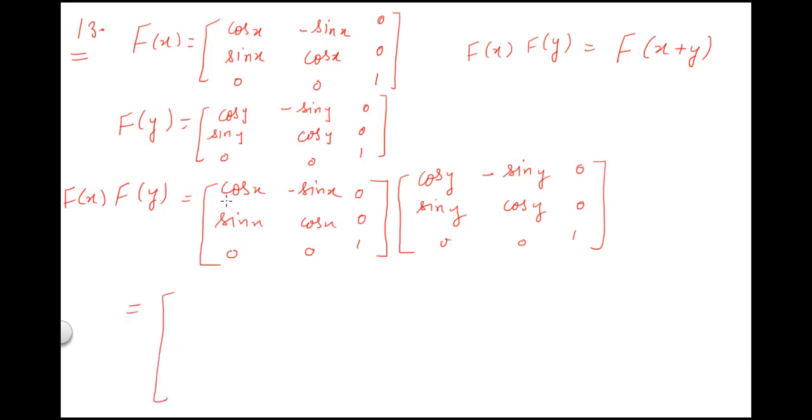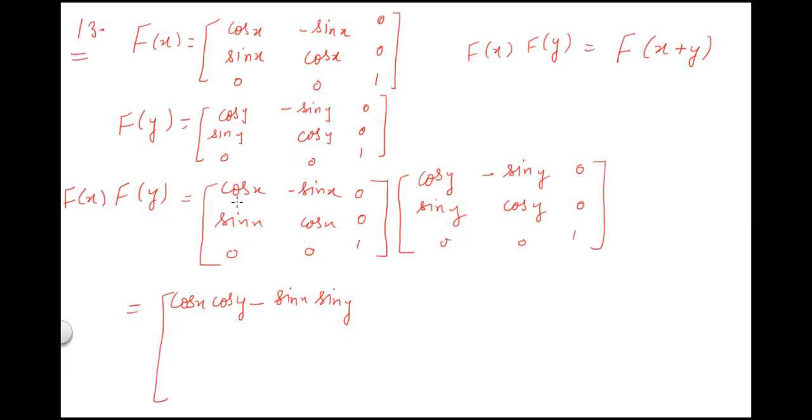Okay, now to multiply these, just be careful. First element will be a11. Multiply first row with first column. So see, cos x into cos y. We'll write cos x cos y. Okay, plus minus sin x into sin y will give us minus of sin x sin y. Clear? The second one, you need to multiply first row with second column, because the next element is a12.